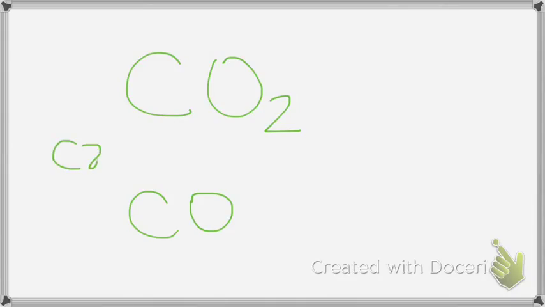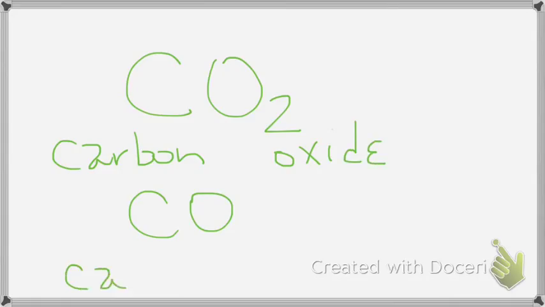CO2, we name the first element, that's carbon, and oxygen would be oxide. But if you just stuck with that, this would also be carbon oxide. And since there's only one carbon, you don't say monocarbon. But what is CO2? What do we call it?